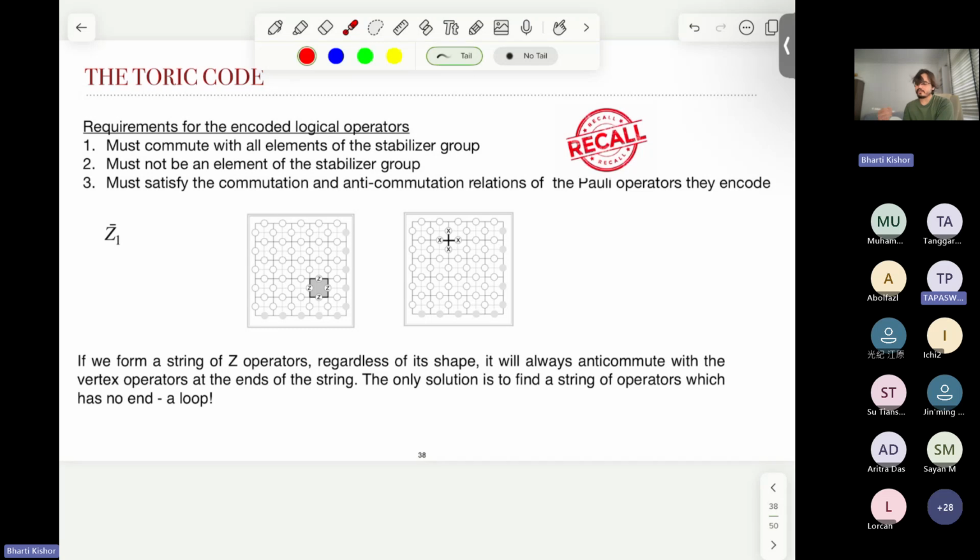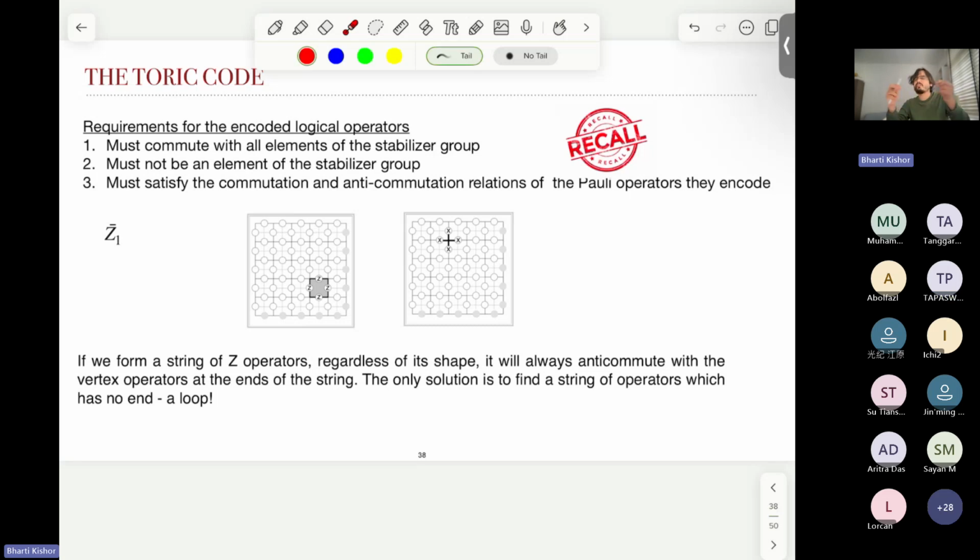But if you take any string, it will commute with your Z operators, the plaquette operators, but it will not commute with the vertex operators at the end, because at the end you will have a single Z intersecting with a single X, and a single Z and single X do not commute.